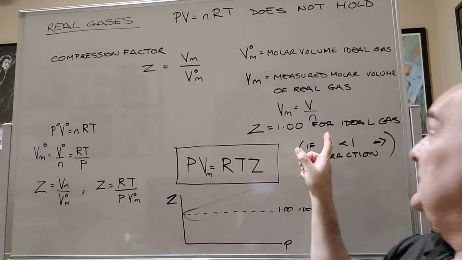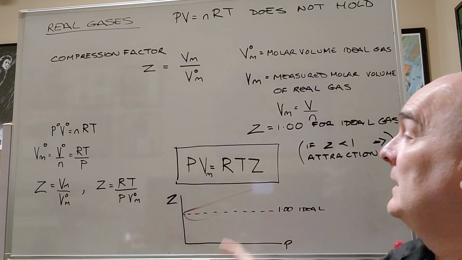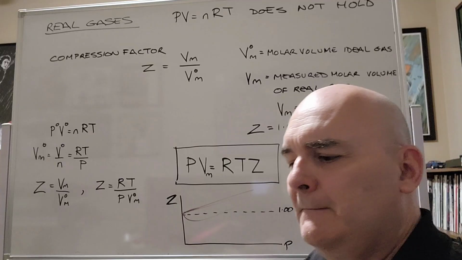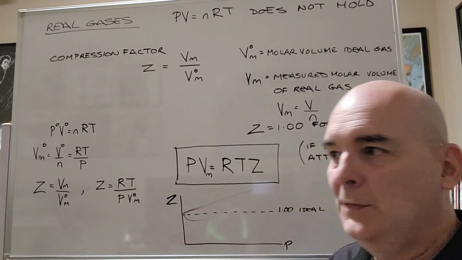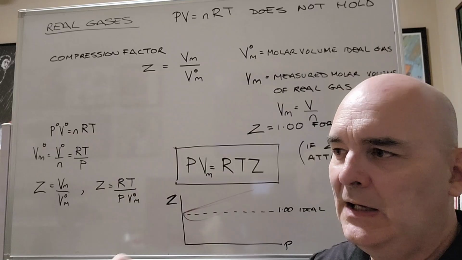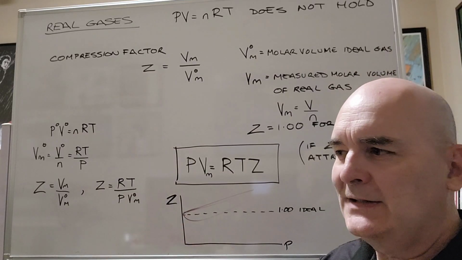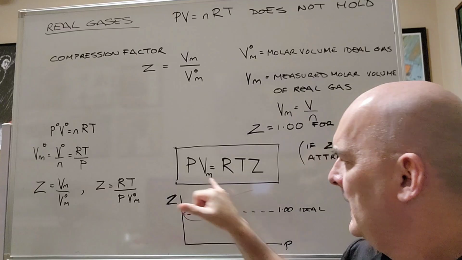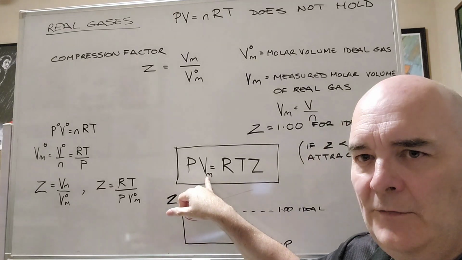Molar volume is V divided by n. So for ideal gases, where n would be PV over RT, don't think that for real gases Z is PV over RT, because this is the molar volume.